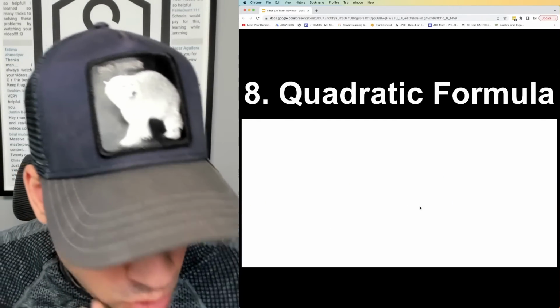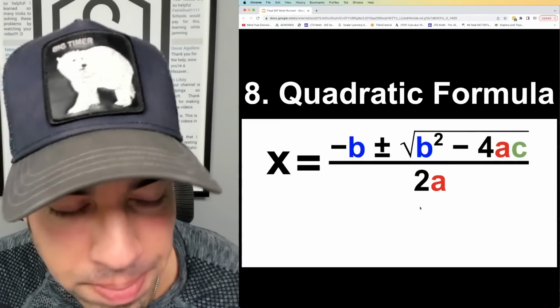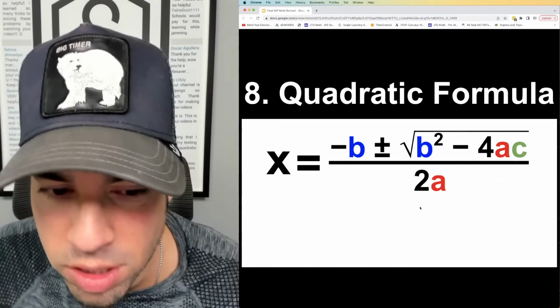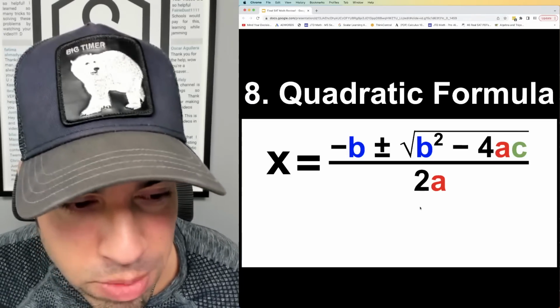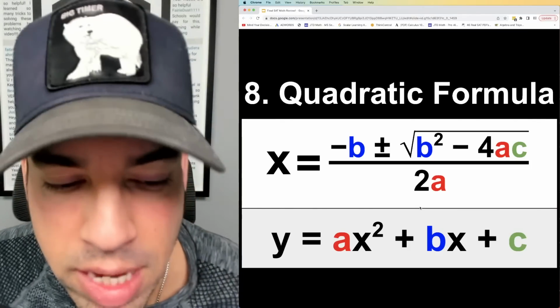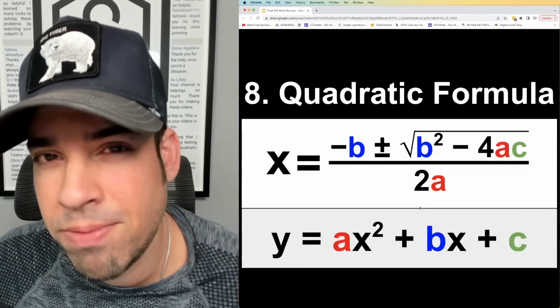Okay, quadratic formula. Famous formula. Negative b plus or minus the square root of b squared minus 4ac all over 2a. And what do all these letters mean? Well, if I have a quadratic and it's in standard form, I got my a, my b, my c, that's what I'm plugging in. And what is it finding?